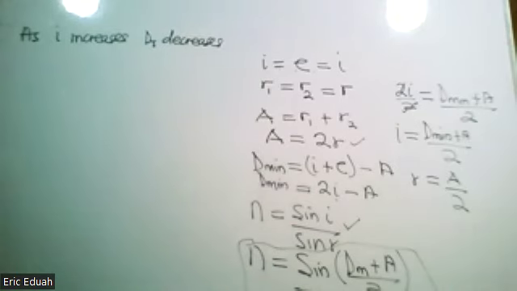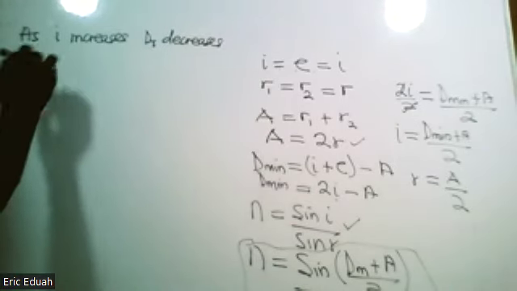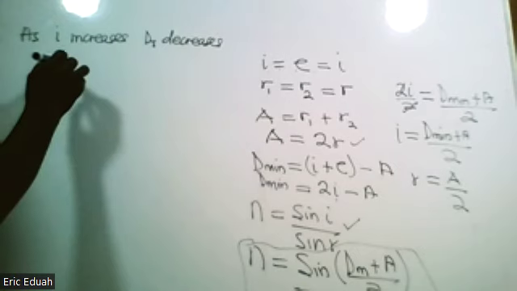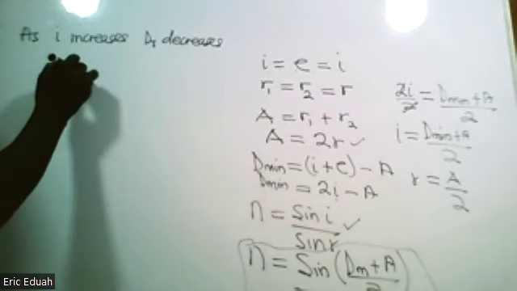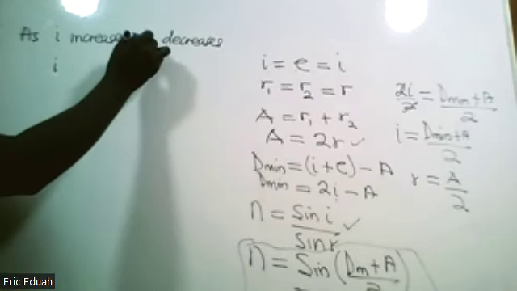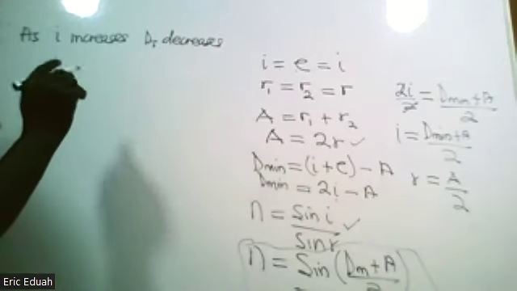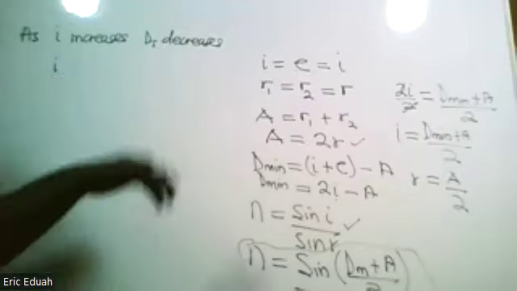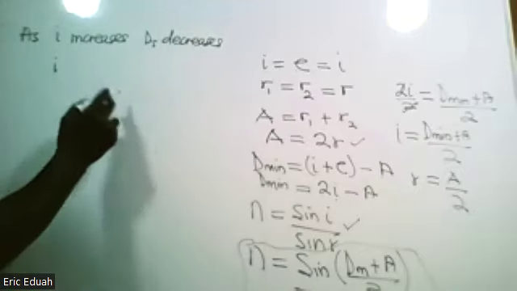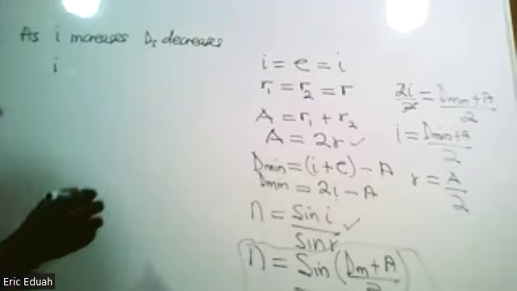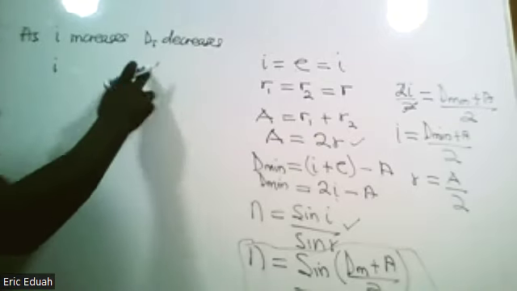Then a particular value of i gives us a point where instead of D decreasing, D will now increase. So there is a particular angle of minimum deviation.